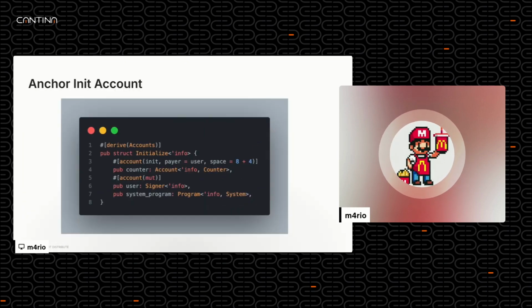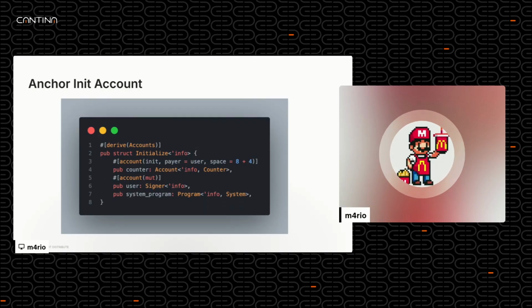Let's talk a bit about how you init an account in Anchor. With this example, you will understand why Anchor is so powerful. This is a usual initialization of an account. You can see it has some fields defined and some macros like account, init, payer, space, mut, and so on.